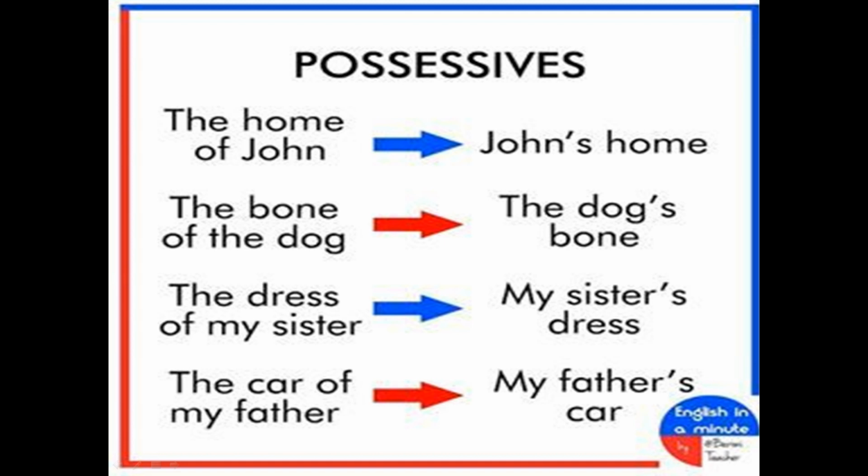John is a singular noun, so I put the apostrophe first, and we will talk about the rules of possession later. The bone of the dog. Instead of saying the bone of the dog, I will say the dog's bone. I put the apostrophe before the S, because dog here is a singular noun.